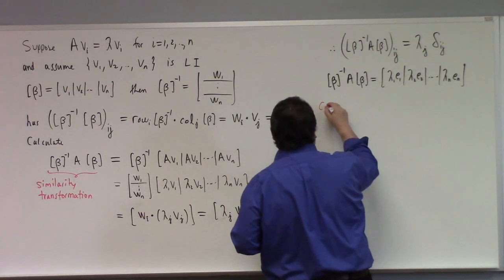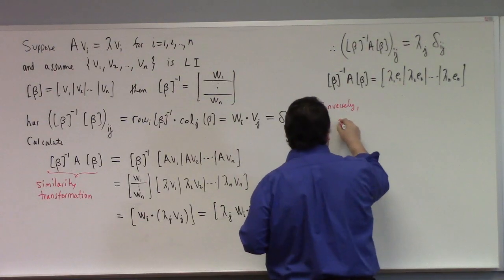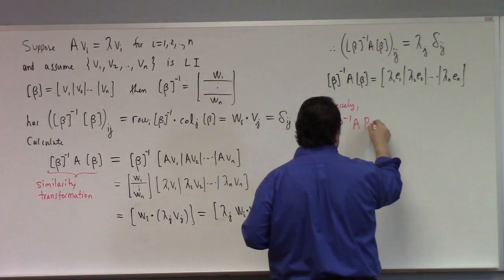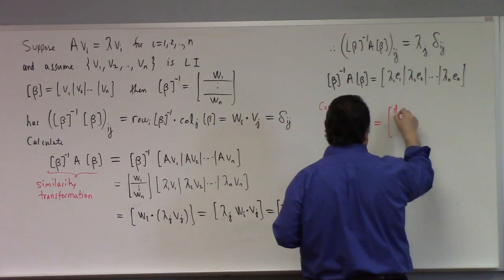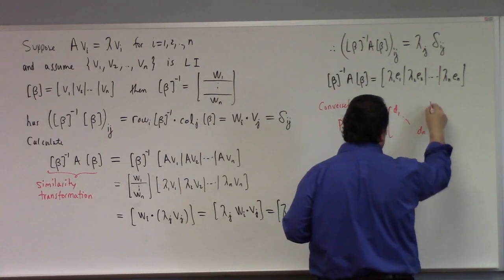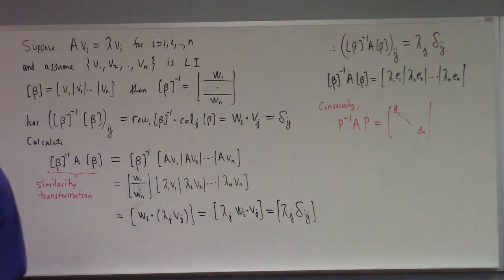The converse direction: if we have that P inverse AP is equal to the diagonal matrix D1 through Dn, what happens if I multiply that equation on both sides by P? What do I get?